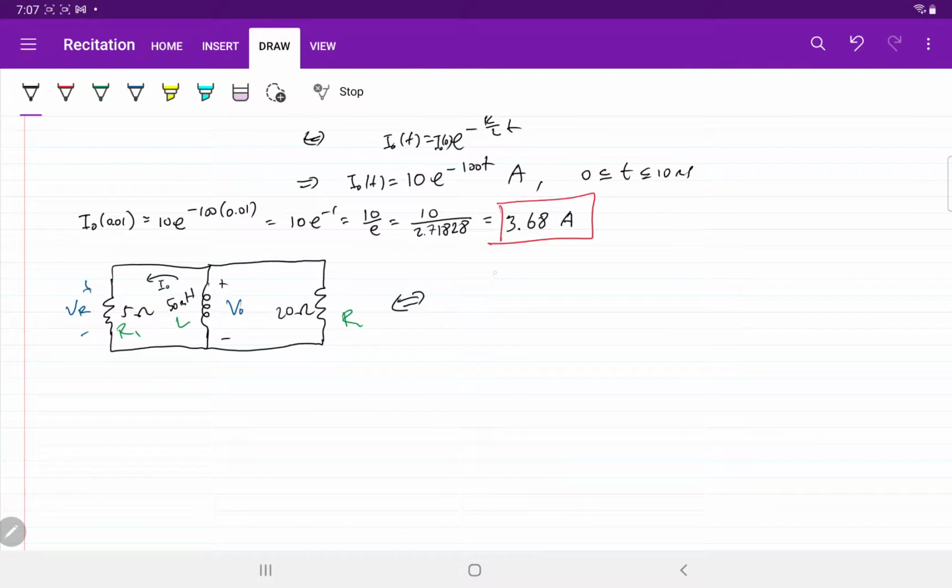So this is nothing but 5 parallel 20, right? So 5 parallel 20 is 5 times 20 over 5 plus 20. 5 times 20 is 100, over 5 plus 20 is 25. So 100 over 25 is 4. So we have a 4 ohm resistor in parallel with this inductor.